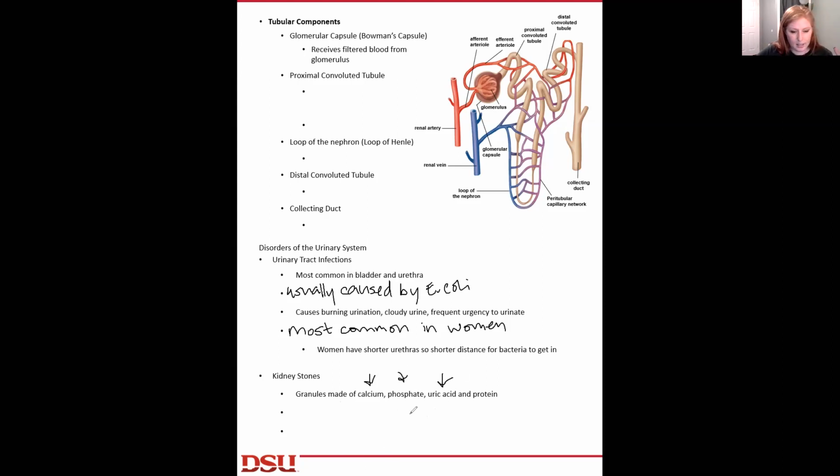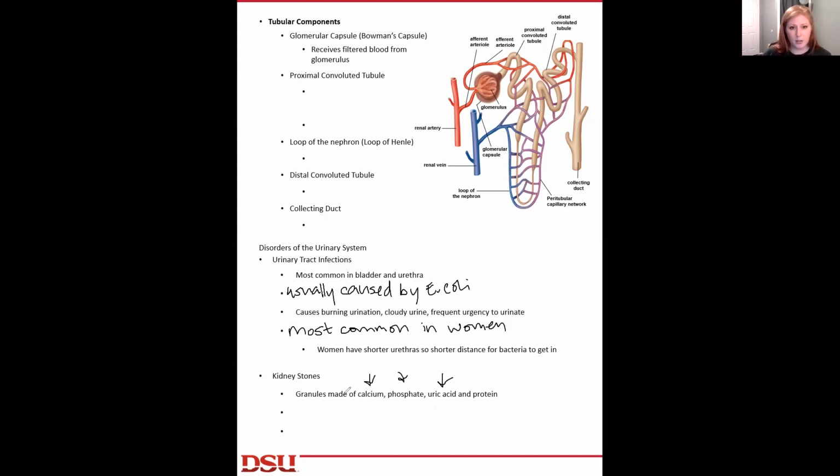And there aren't really cures. Some of them are caused by dehydration, meaning that your nephrons are filtering out all of the waste in your blood, but they don't have enough water to mix that waste with. And so the waste crystallizes and forms these little stones, which then get lodged. Usually they can get lodged anywhere in the kidney.